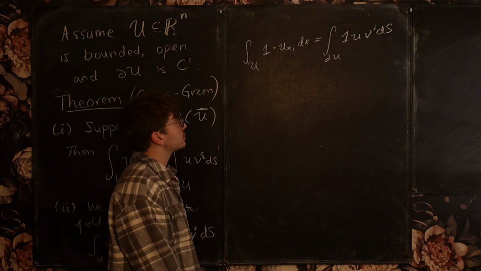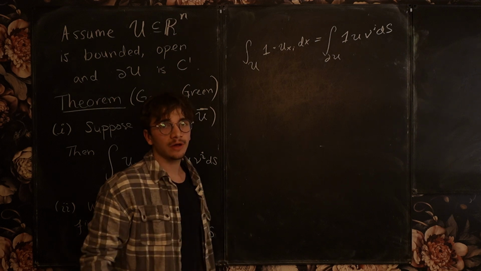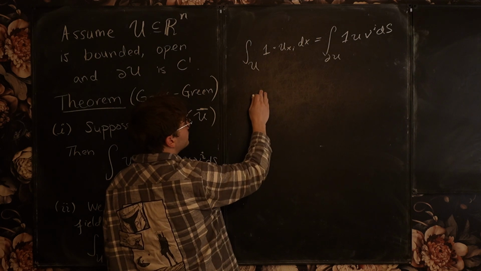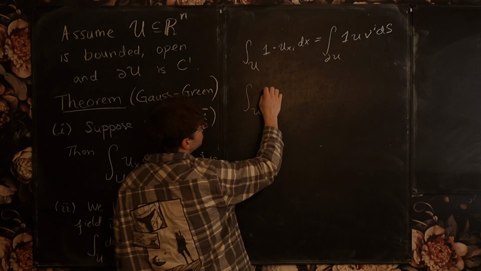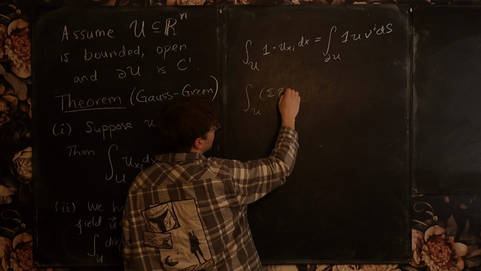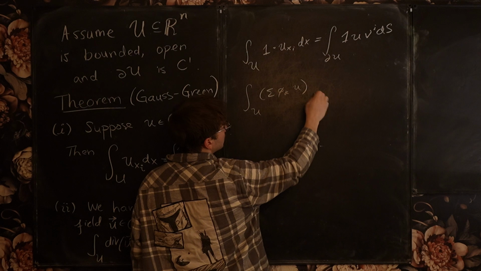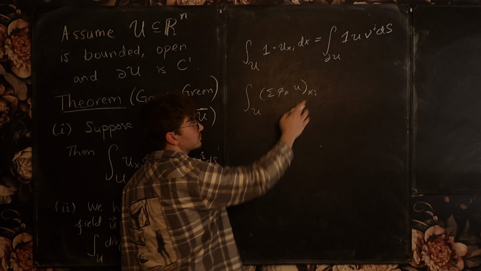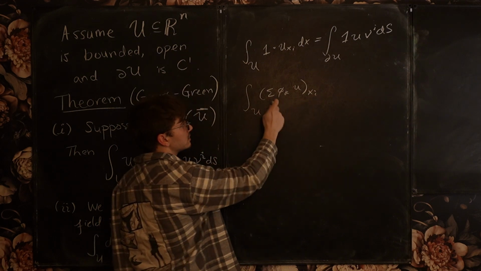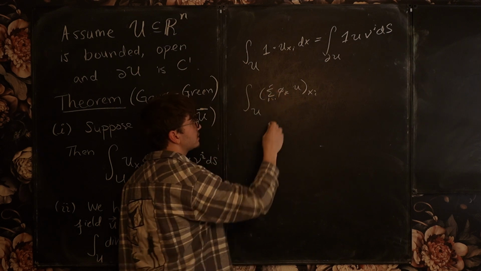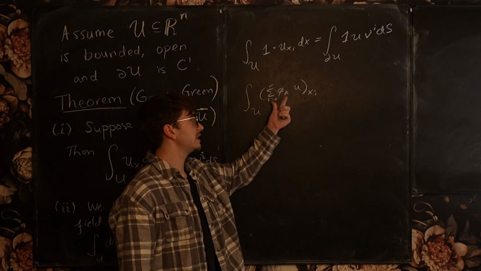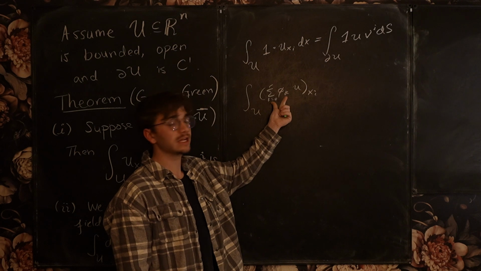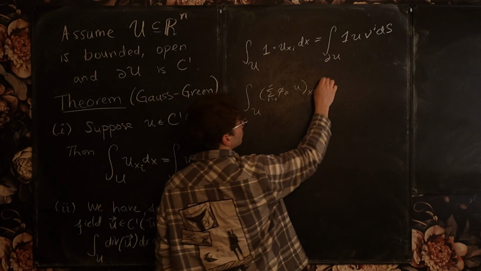Inserting the sum of my bump functions for the 1 here, I can write this as the integral over u of the sum of the phi k's times u, and then I take the x_i partial derivative. Notice I've just brought the 1 inside the x_i partial derivative. That's totally okay because this is just the constant 1. I can manipulate this sum of the functions of the partition of unity like the number 1, so it can certainly be brought inside of a partial derivative since it's a constant.